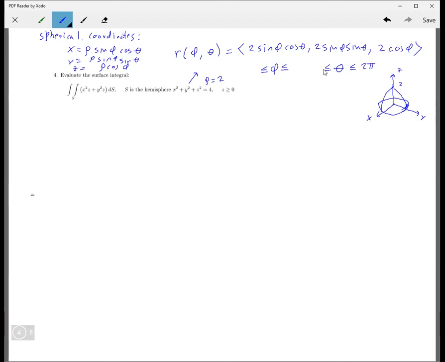Because this hemisphere is going all the way around. Okay, phi is a little bit more tricky, but I think you guys can figure that out.